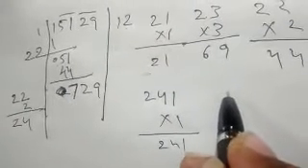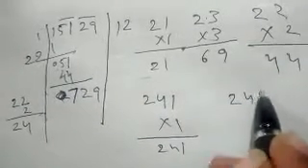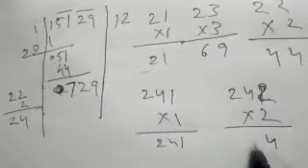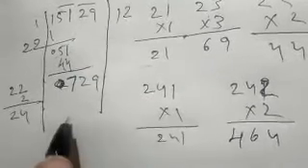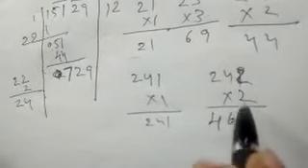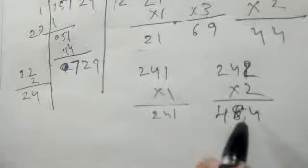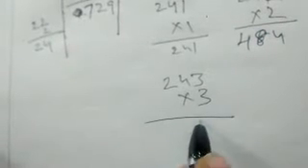So for example, 242 into 2. Always we have to take the same number, right? 2 2 is 4, 4 2 is 8, 2 2 is 4, 484. Still there is a difference. So here 2 2 is 4, 4 2 is 8, so 485. There is a difference again. So now we will go with 243 into 3. So 3 3 is 9, 4 3 is 12.